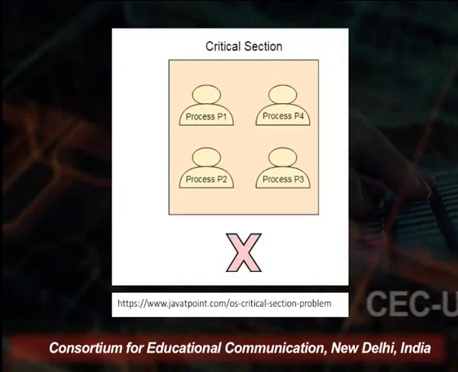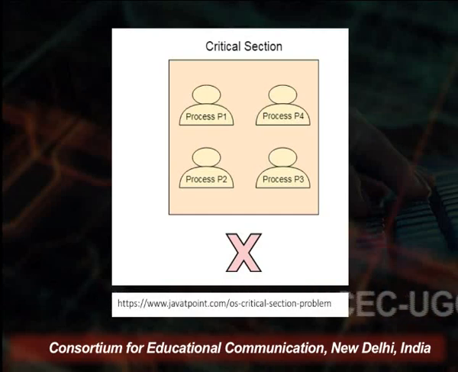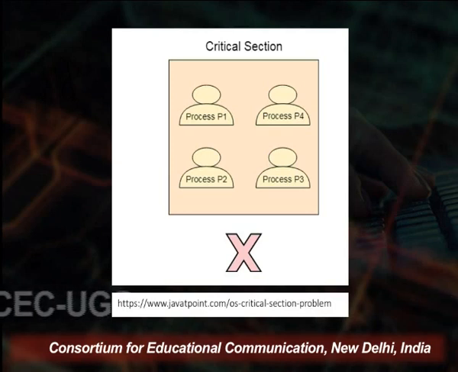Another idea is what is wrong here, what should not be there. Let us say there is a critical section, and within that critical section we have multiple processes, say P1, P2, P3, P4, all accessing this critical section simultaneously at the same point of time. That is not allowed.